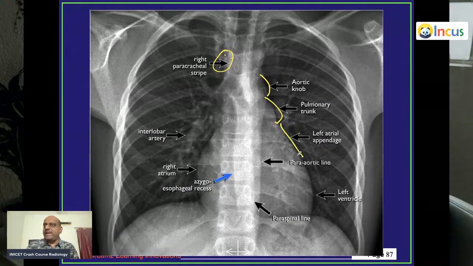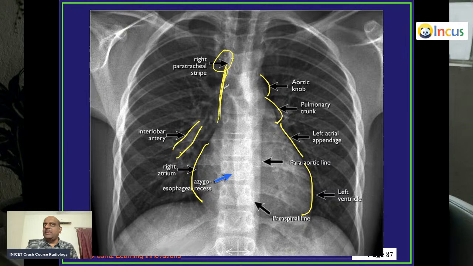This is the left atrial appendage. And this is the left ventricle. This is the right atrium. This is the interlobar artery. And typically you have the ascending aorta in this area, ascending aorta. And here you have the inferior vena cava.